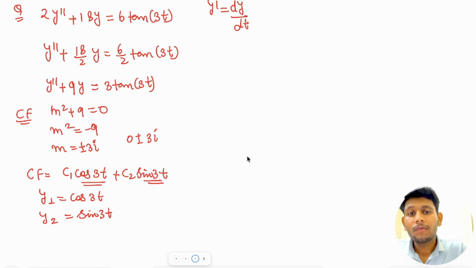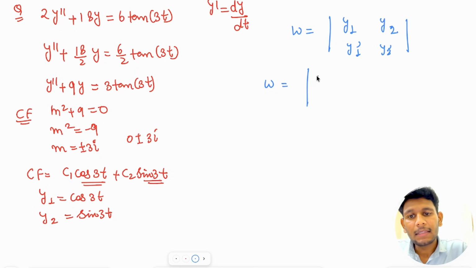Now what to do? Find out the Wronskian. So the Wronskian is y1 y2, y1 dash y2 dash. So your Wronskian will be cos of 3t, sin of 3t. Okay, so simply, wait a minute. Yeah, what is the derivative of this? Minus of 3 sin 3t.